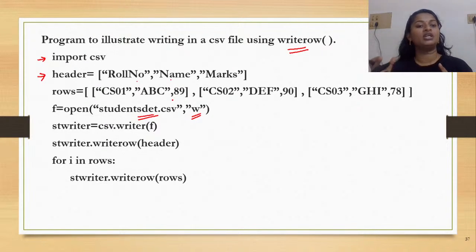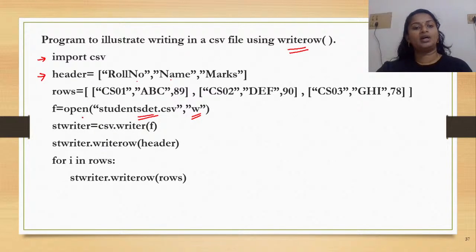Inside the list the first value corresponds to the roll number, the second to the name, and the third to the marks. So this is how it would be appearing. And the next thing you need to understand: though you have text as well as numbers, everything once you enter it into the CSV file would be treated only like strings, right?